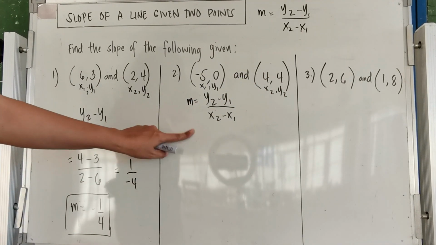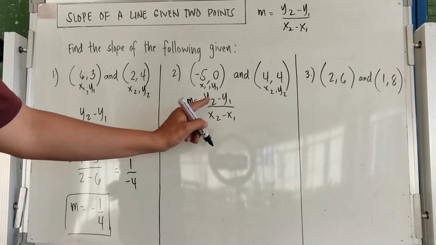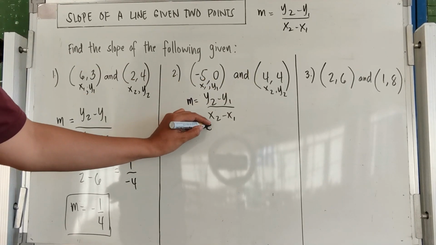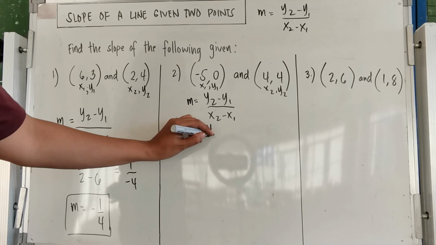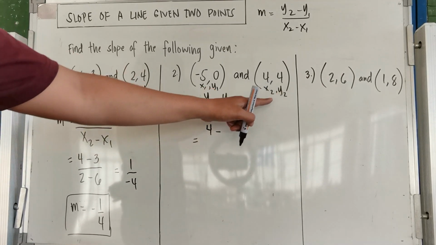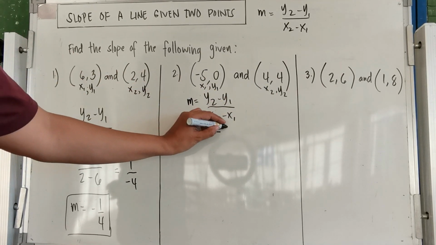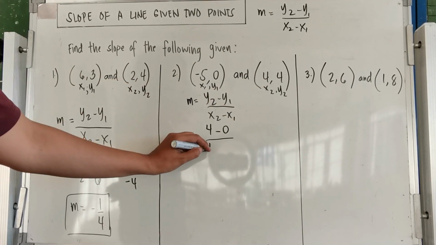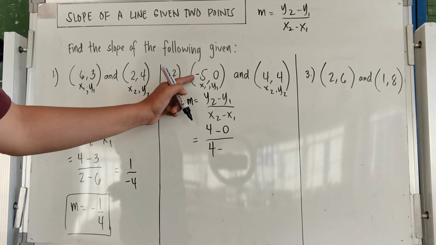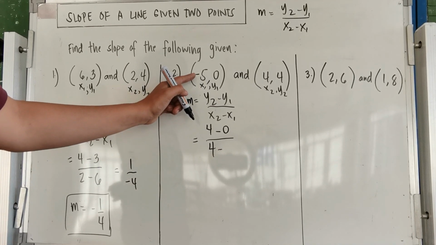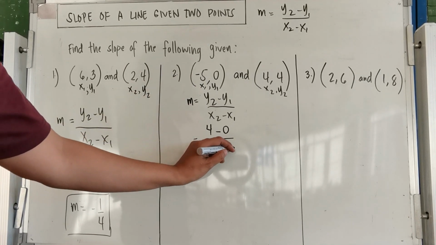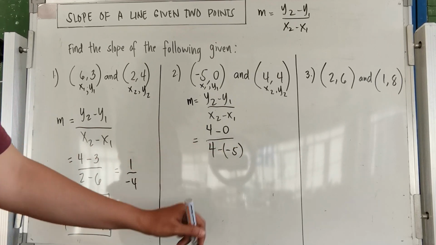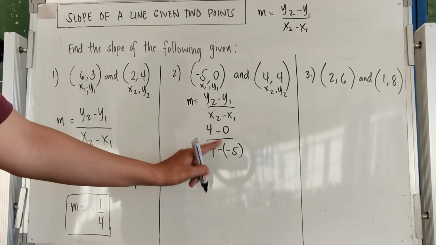Then, substitute na natin. We have 4 minus our y sub 1 is 0. So 4 minus 0, then over 4 minus our x sub 1 is negative 5. So isusulat natin siya as negative 5. Take note that our operation is minus.